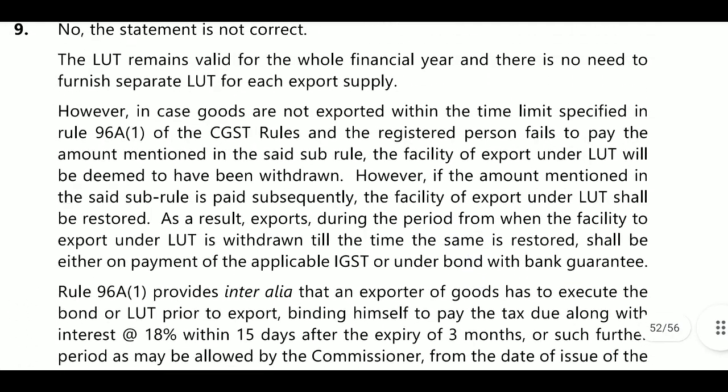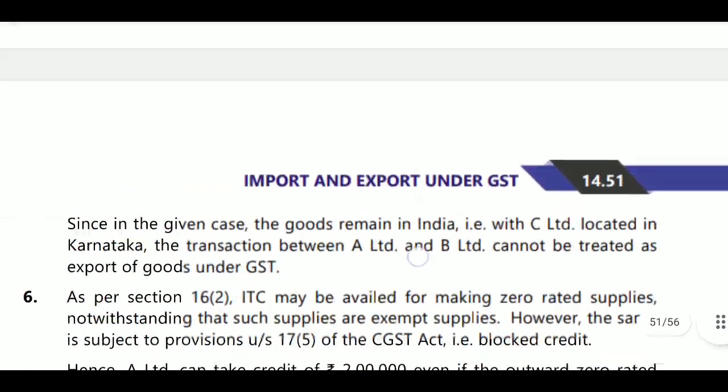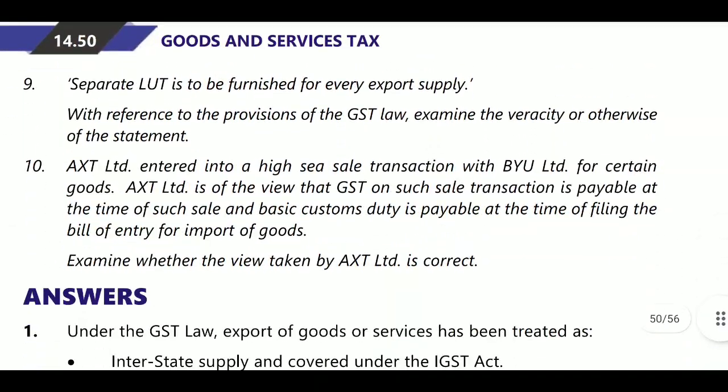That is question number 9. Next, question number 10. What is there in question number 10? AXT Limited entered into a high sea sale transaction with BYU Limited for certain goods.